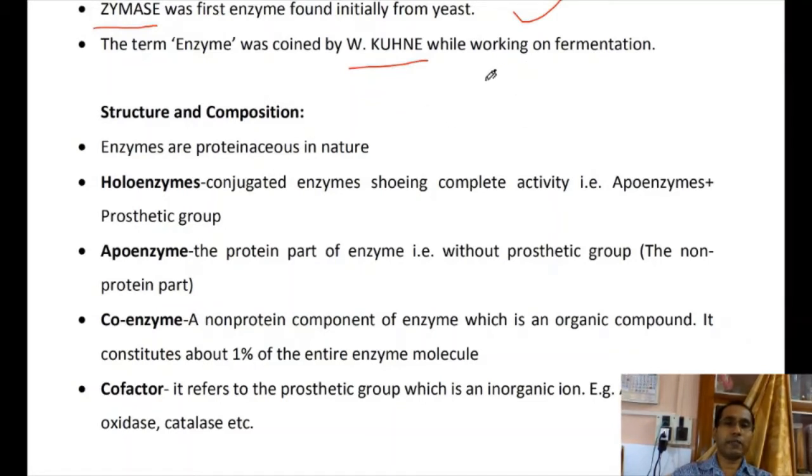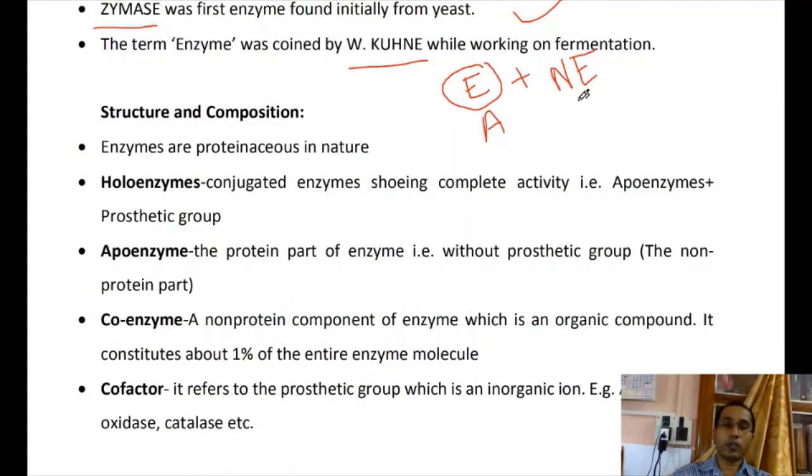Basically, enzymes are proteinaceous substances. If the enzyme itself works without any other units attached, this is a simple enzyme. If the enzyme is attached to another non-enzyme part, then the enzymatic part is called the apoenzyme.